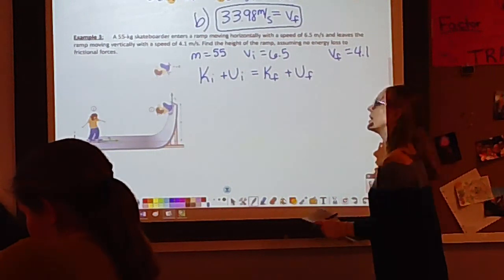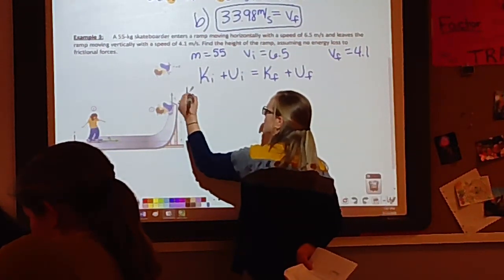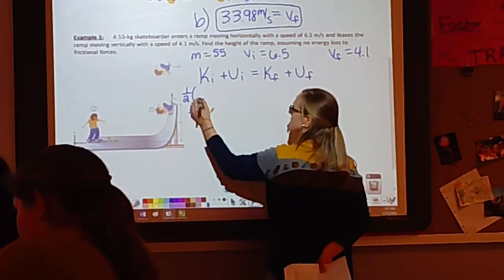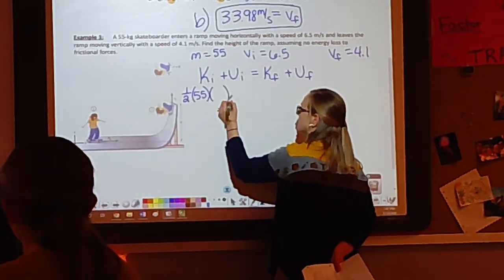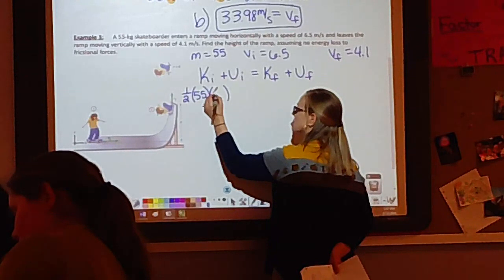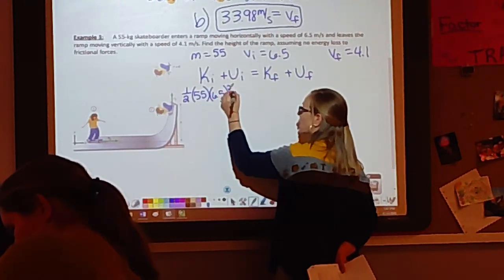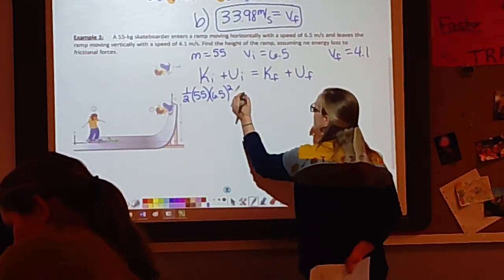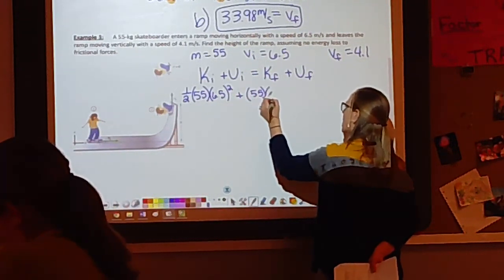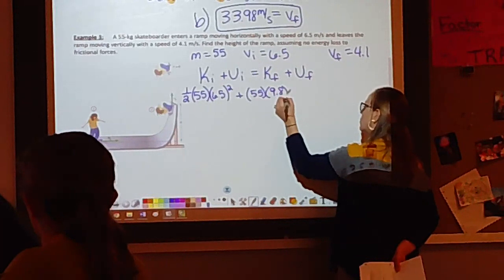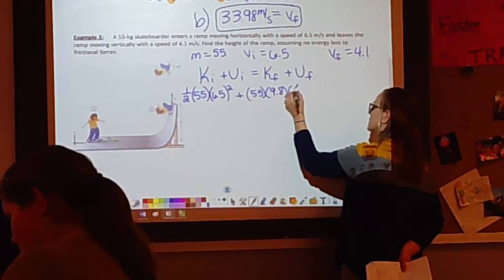Okay, I'm just gonna go for it, I'm not gonna write the whole formula. What is the mass? Good. What is the initial velocity? Good, we're gonna square that. Not gonna forget that one. Plus, what is his mass, times gravity and the beginning height.